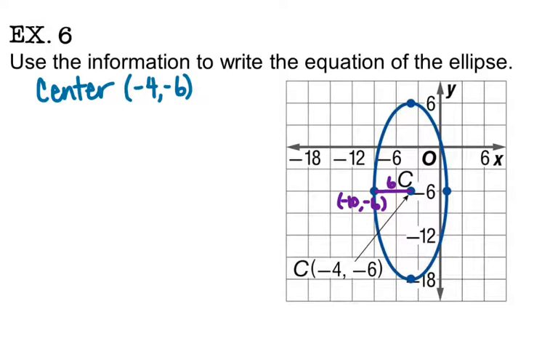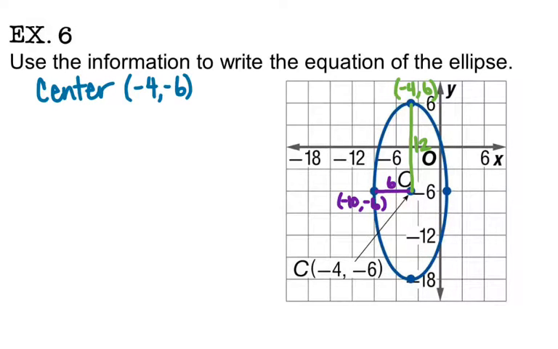Same thing vertically. If I look at that point on the very top, that ordered pair would be (-4, 6). I want to know the distance from the center to that point, and that is 12 spaces. So 6 and 12 are the a and b values that I need to plug into my equation.